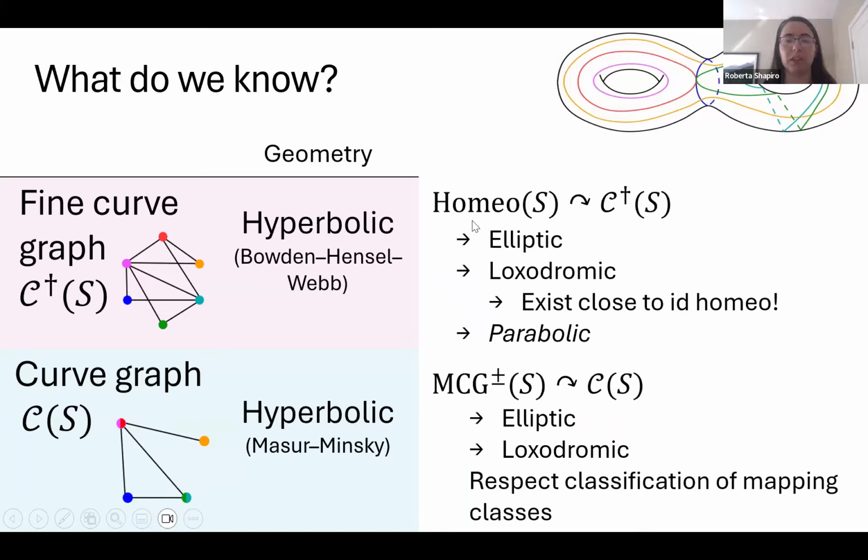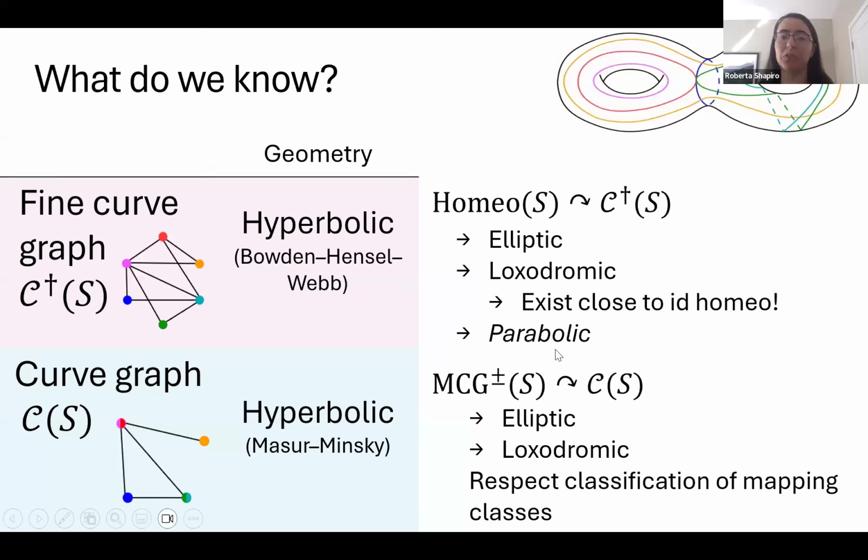Moreover, there is a third type of dynamics that we see when we act by homeomorphisms on the fine curve graph, which is that we see some parabolic elements, which means that yes, different vertices have unbounded orbit, but things move at a sublinear speed.